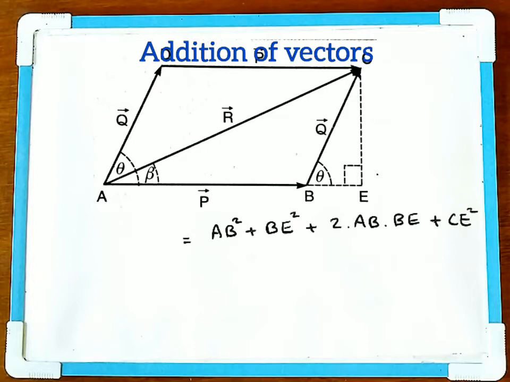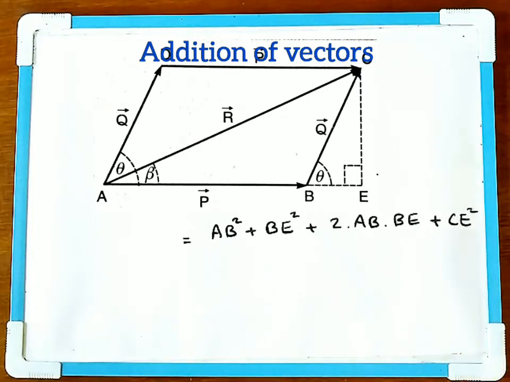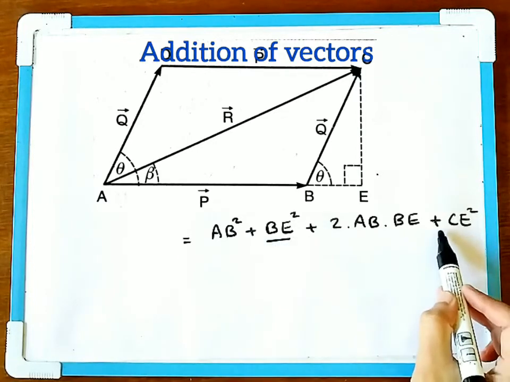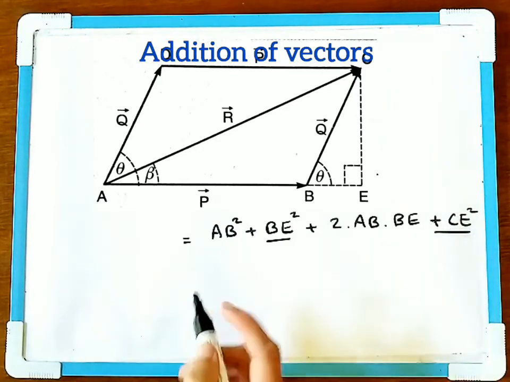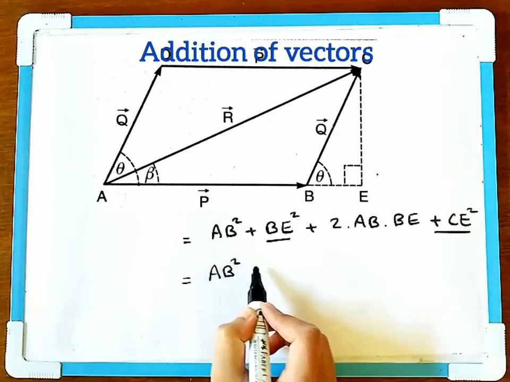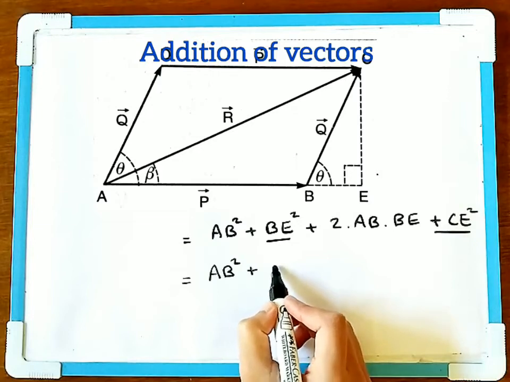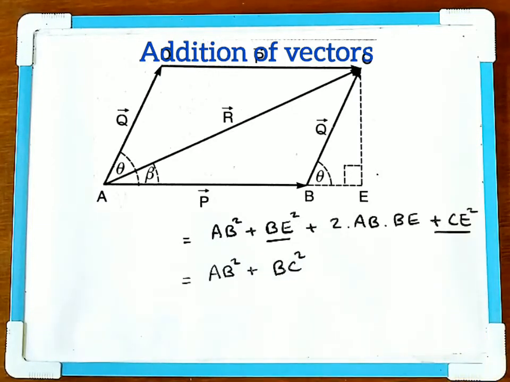In triangle BEC, you can see clearly that BC square is equal to BE square plus EC square. So here your BE square plus this CE square will give you BC square, the square of the hypotenuse BC of the triangle BCE.